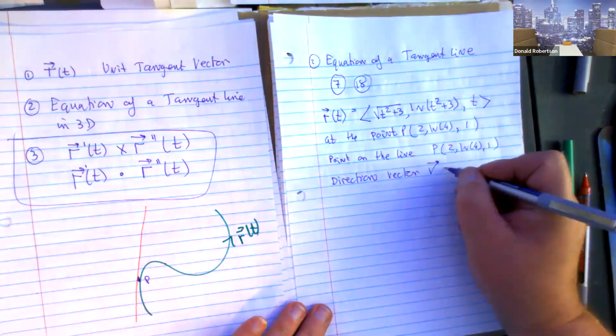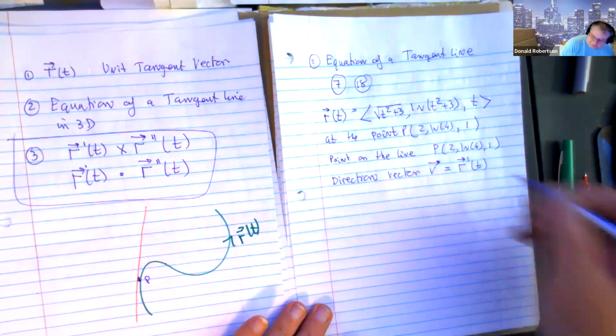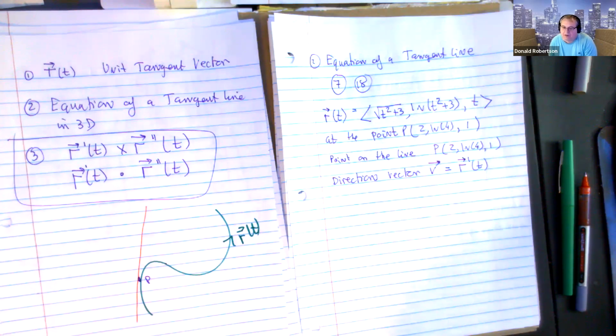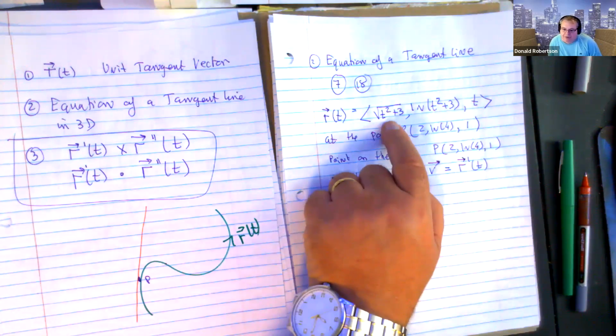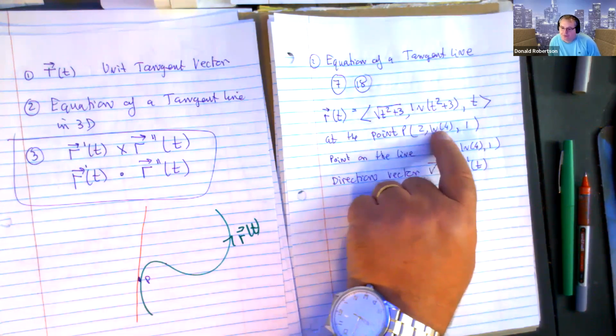Now, the direction vector is essentially the derivative. And I am going to differentiate this guy, and I'm going to have to plug in a value of t that corresponds to this point.